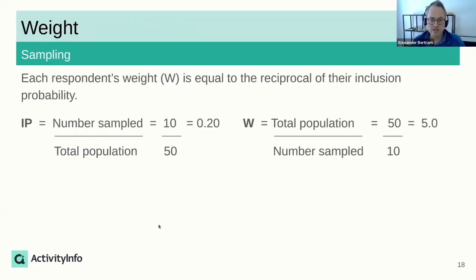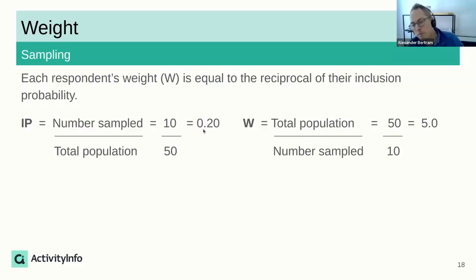But I made it a bit easier on this slide: if we have 50 people and we sample 10 of them, we do 10 divided by 50, and that means everybody has a 20% chance of being selected. Or as a decimal proportion, a 0.2 probability of being selected.